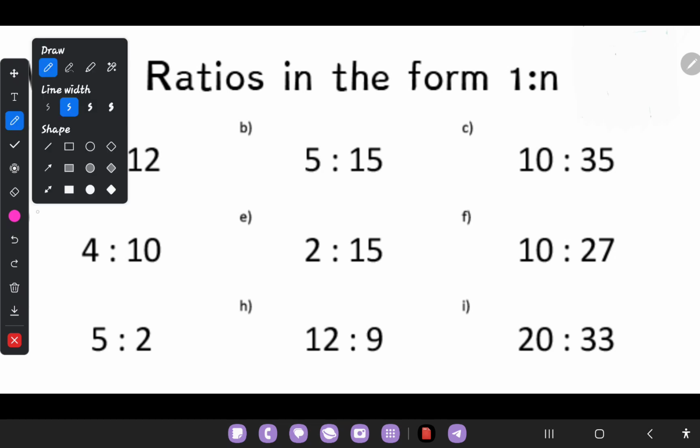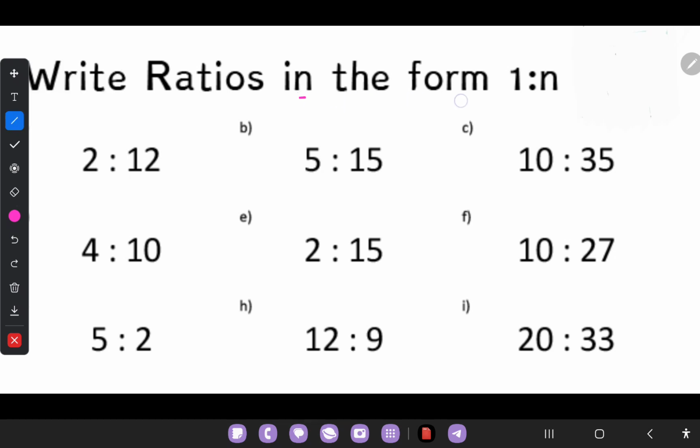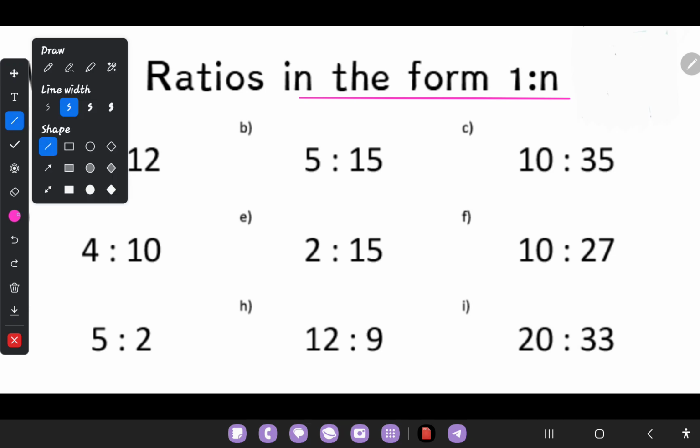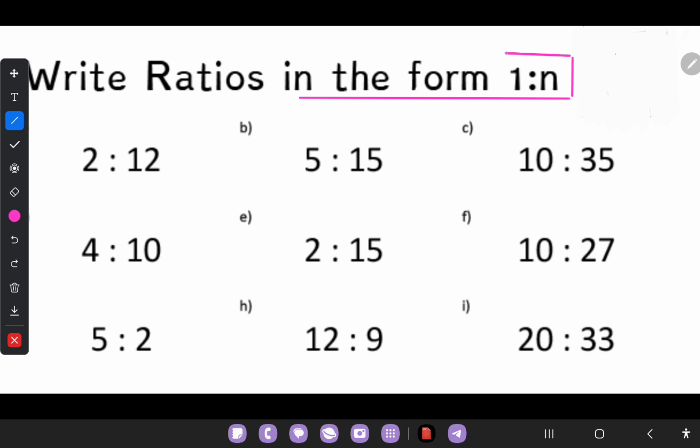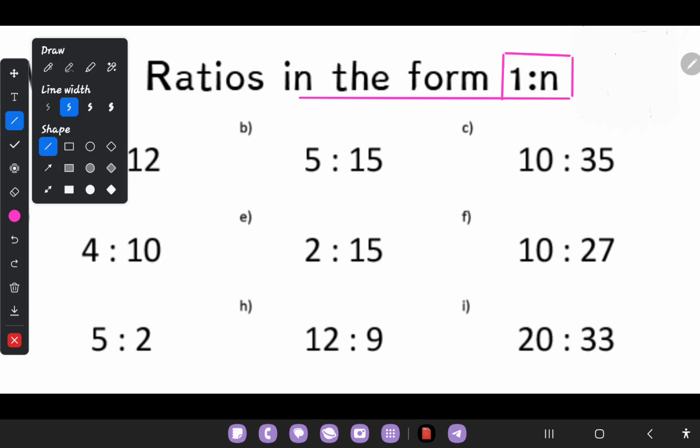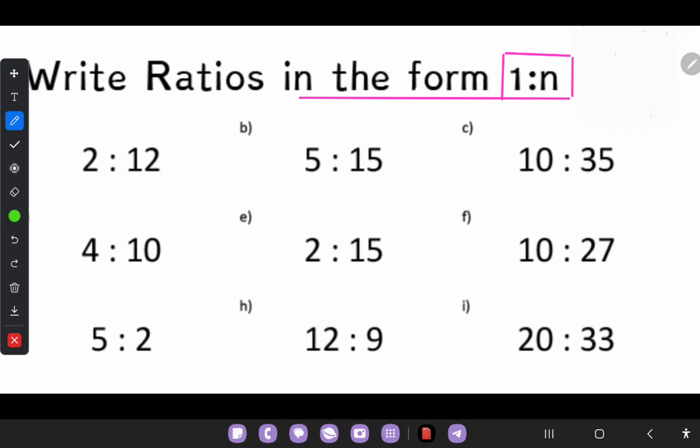Okay, I will explain now. Here, I want to make the first term of this ratio equal to 1. So this ratio, I want to make it 1 to n. This means that I want to keep the first term of the following ratios equal to 1.